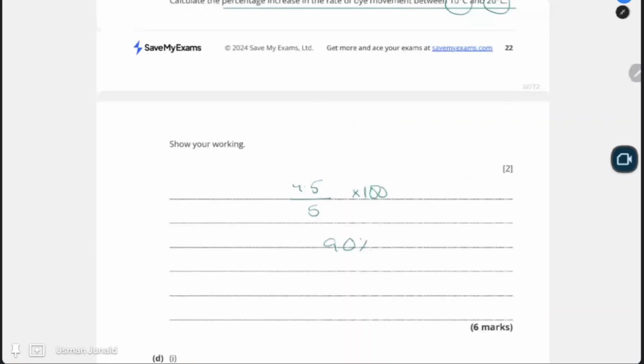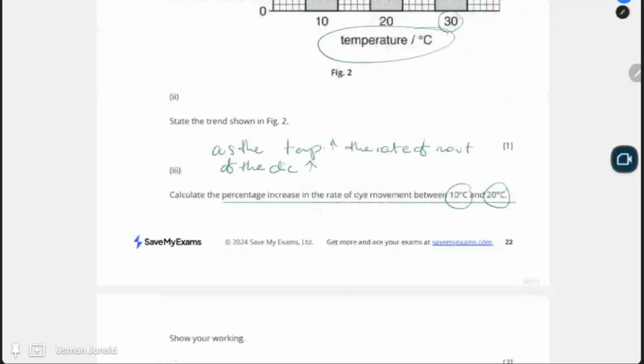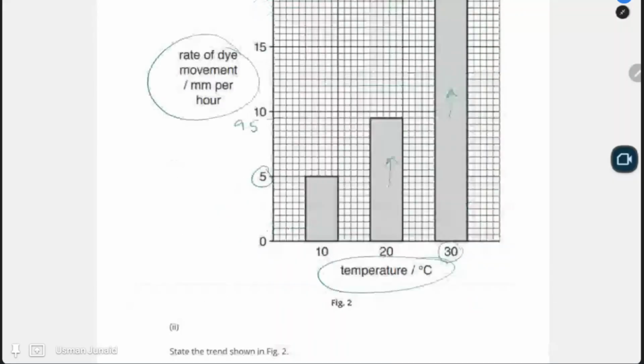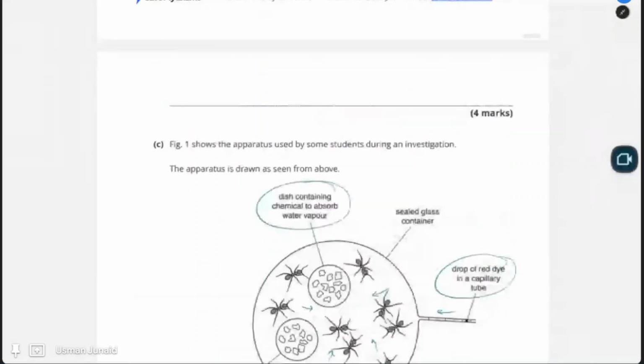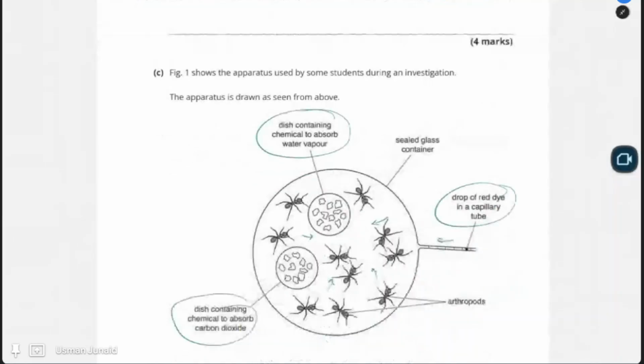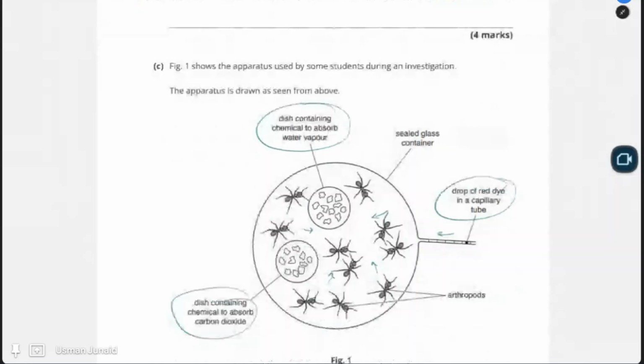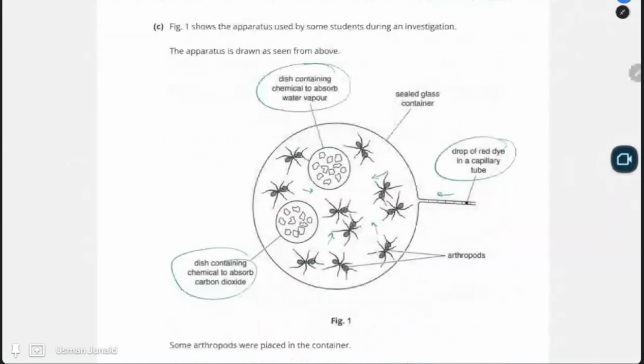Okay. So what does the last part say? State the group of arthropods used in figure 1.